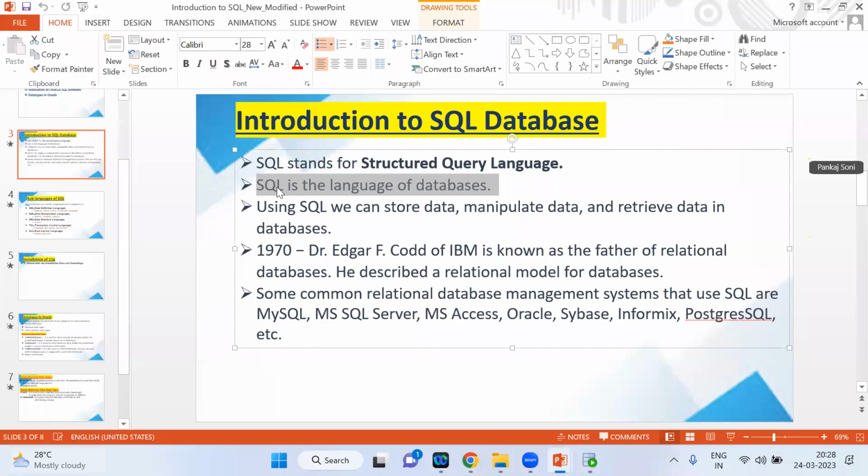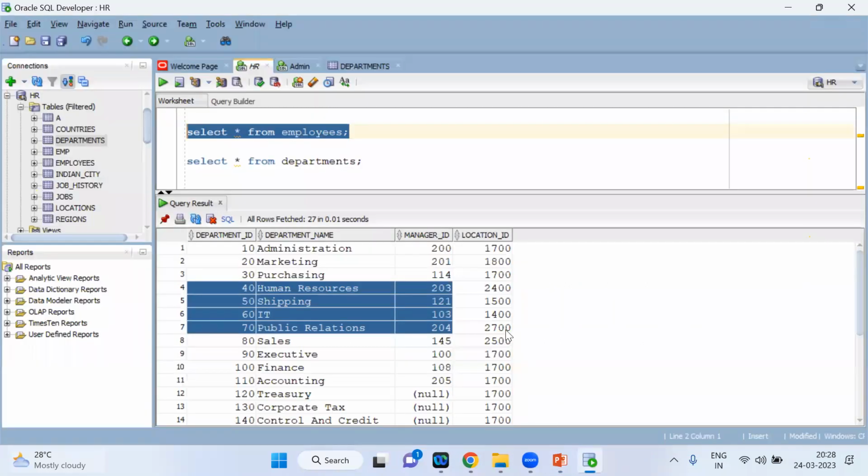So what were we discussing? SQL is the language of database. So SQL, this structured query language, is the language of database. So mainly we are going to work on the database only. When we say database or SQL, we are going to work on the database only.